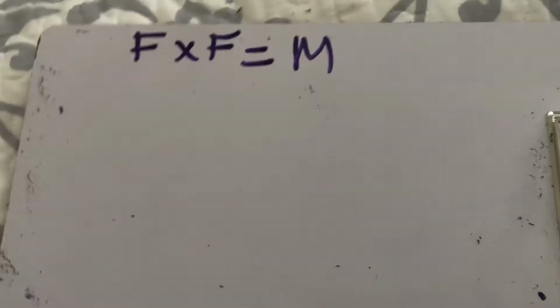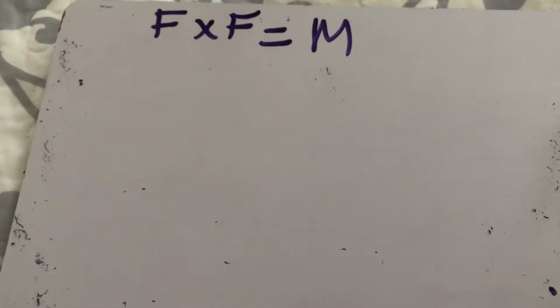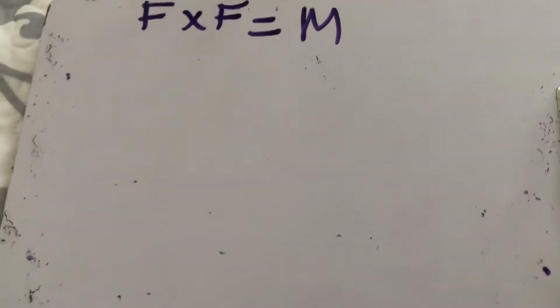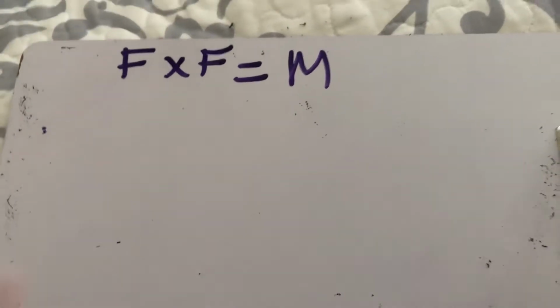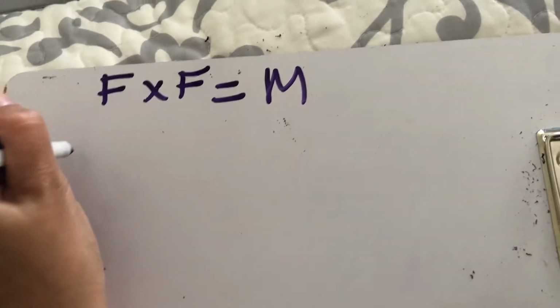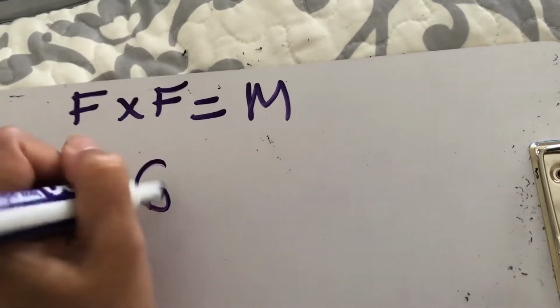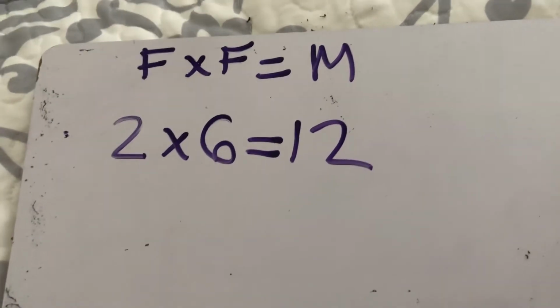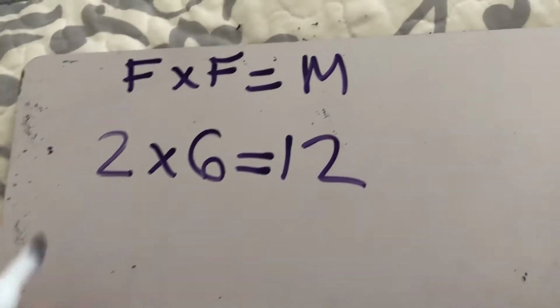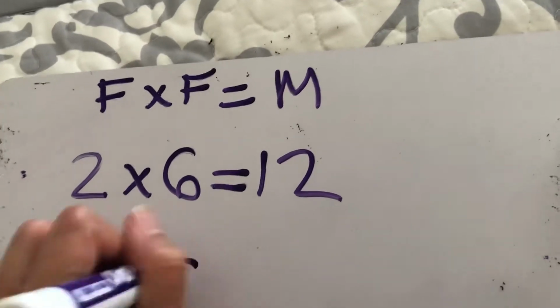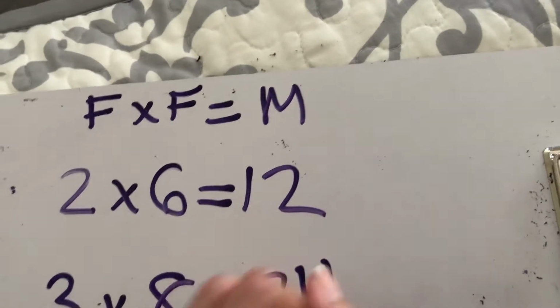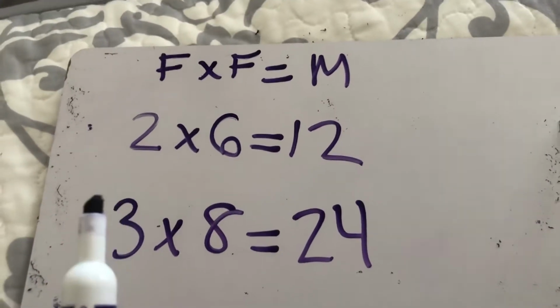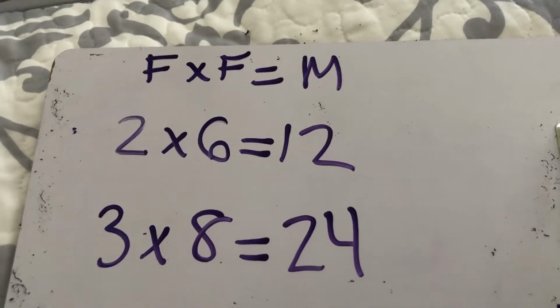Let's get started. It's important to remember that with factors and multiples, factor times factor equals multiple. For example, if you have 2 times 6 equals 12, the factors would be 2 and 6, and the multiple would be 12. If you have 3 times 8 equals 24, the factors would be 3 and 8, and the multiple would be 24.